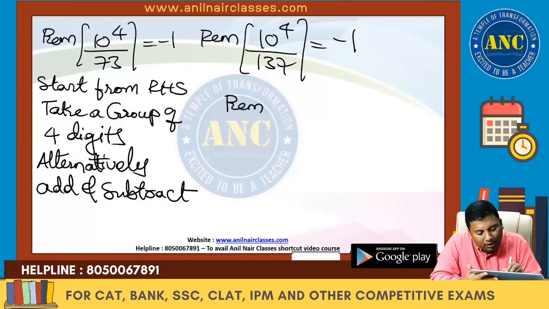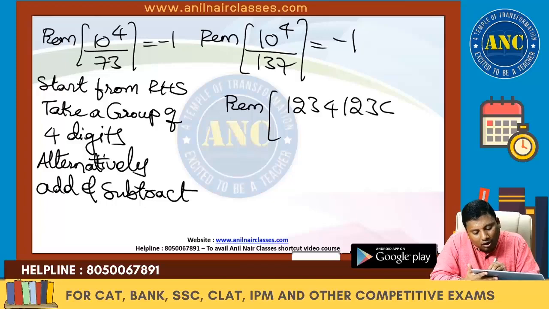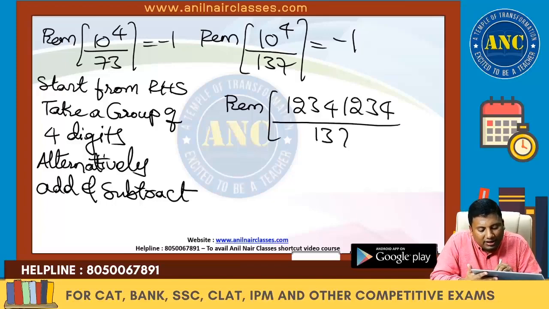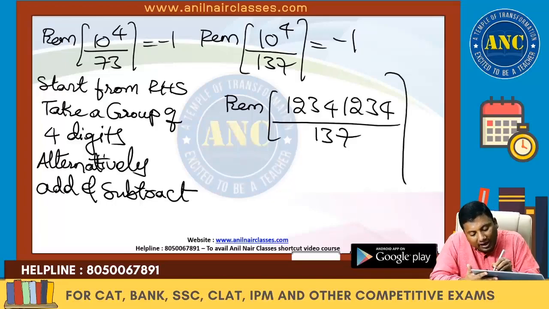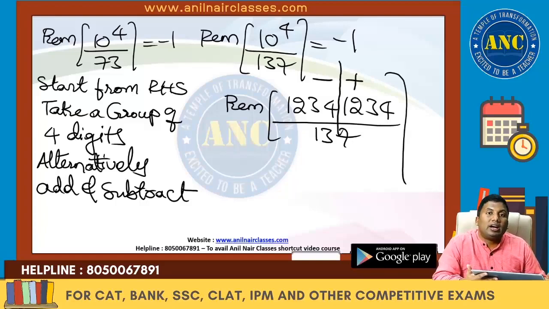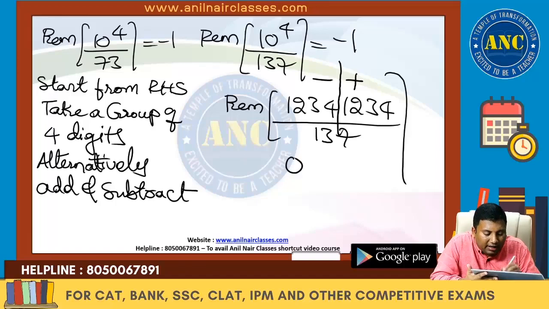For example, 1, 2, 3, 4, 1, 2, 3, 4 divided by 137. Start from right hand side, take a group of 4 digits, alternately add and subtract. 1, 2, 3, 4 minus 1, 2, 3, 4 is 0. I hope the idea is clear.